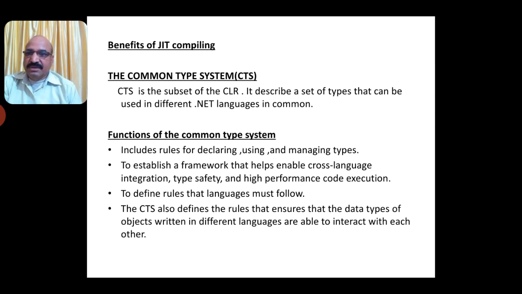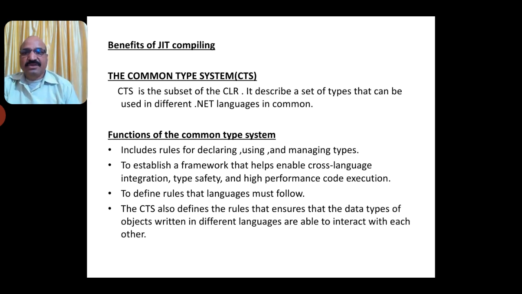So CTS ensures that objects written in different .NET languages can interact with each other. For communicating between programs written in any .NET compatible language, the types have to be compatible on a basic level.